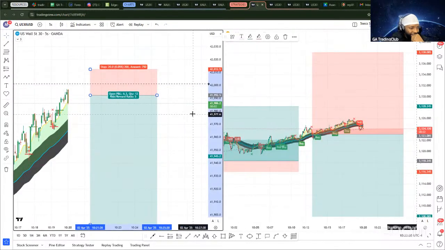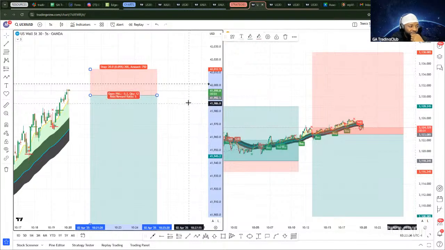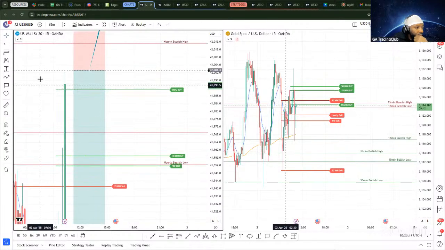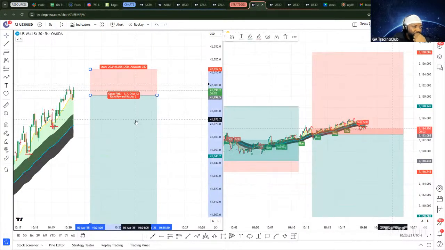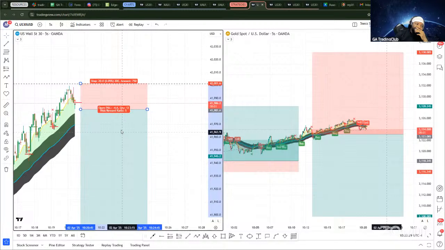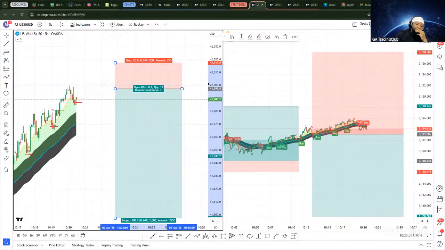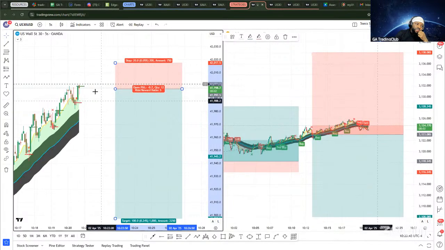We don't want to see like a 10-point rejection here. We want price to get to, there we go. This is tricky. Come on, get there. Okay, there it is.